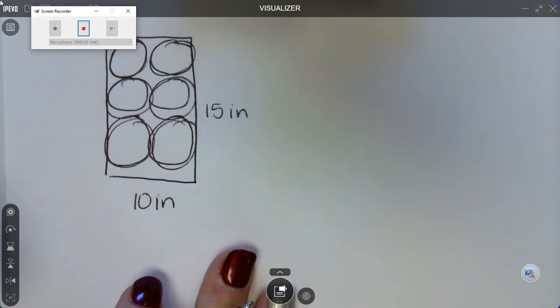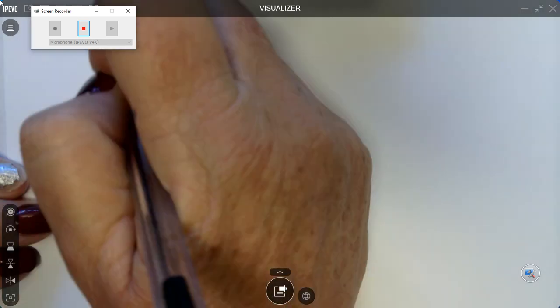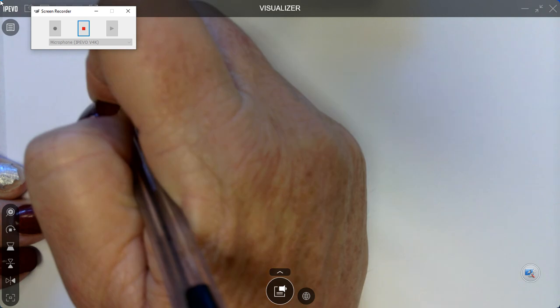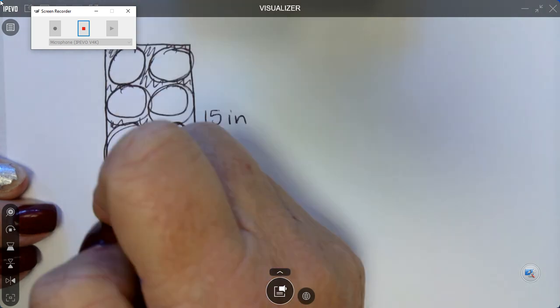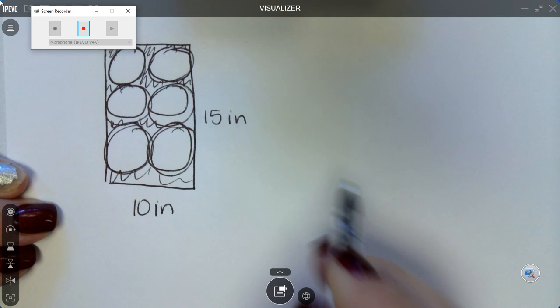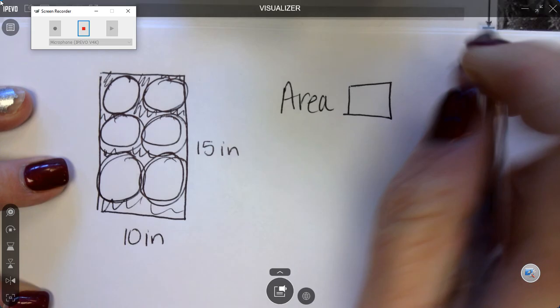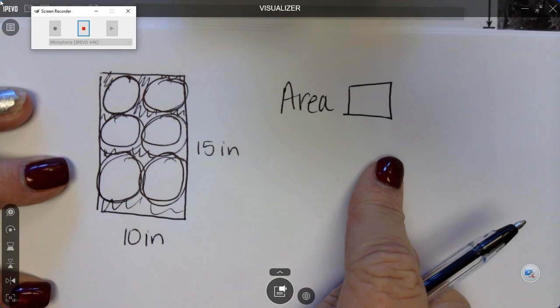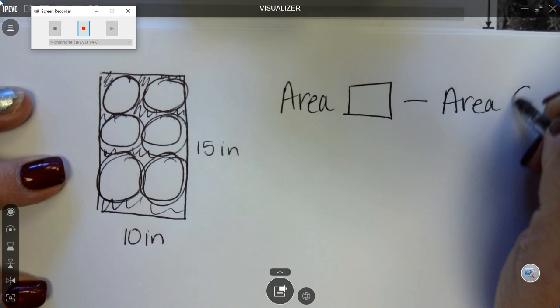Let's pretend that I place these on a sheet, and there is space not being used by the cookies. So here's what we do: the rectangle minus all of the total circles.